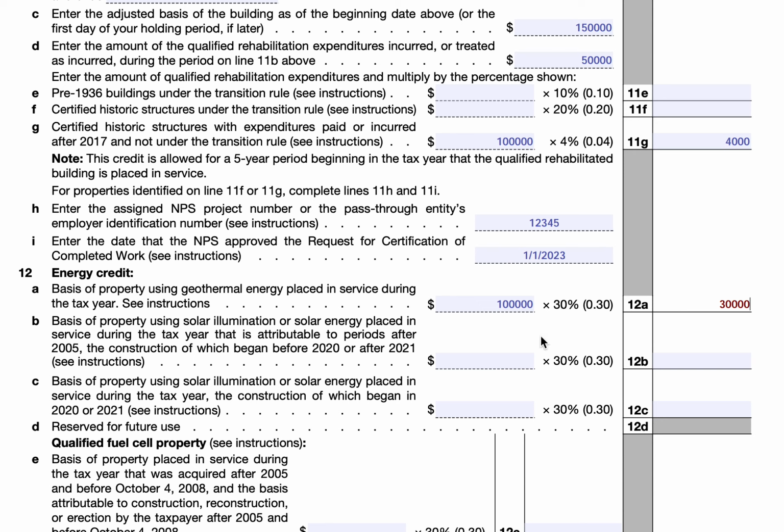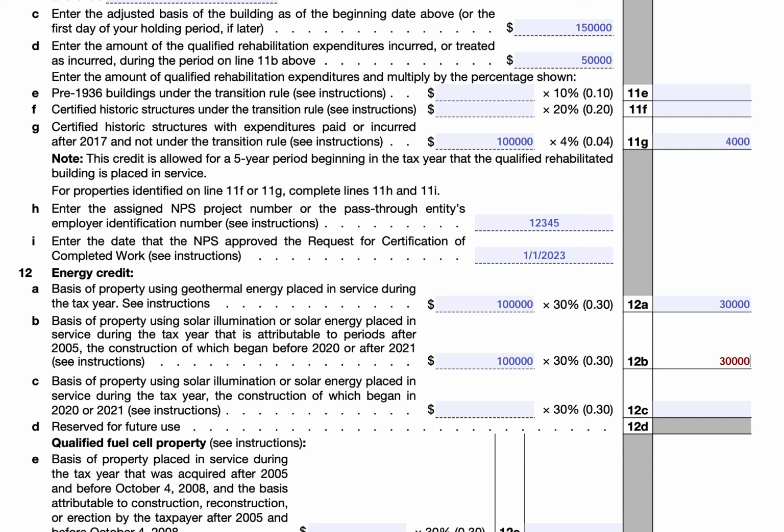So any of such property that was placed into service after 2005, as long as the construction either began before 2020 or after 2021. So we'll just say we spent the same amount here, and we get the same amount of a tax credit, $30,000.